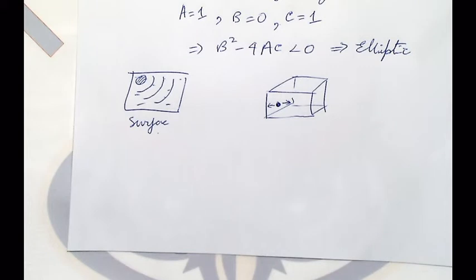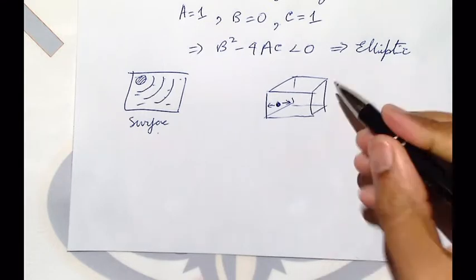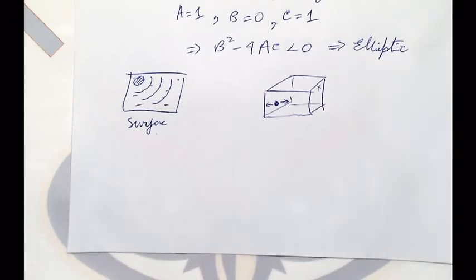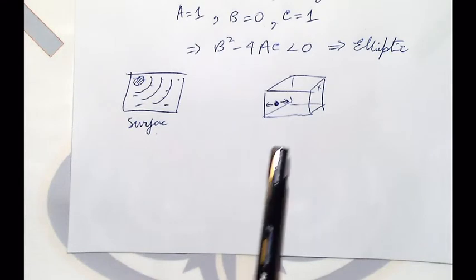What happens to the pressure inside the tank? If you're measuring pressure at this corner, what will you see? It keeps fluctuating.